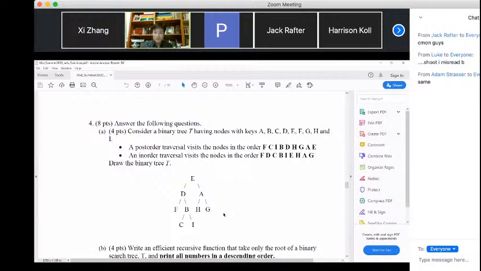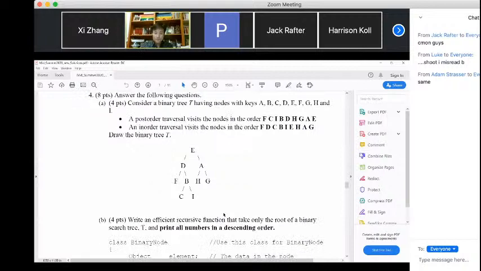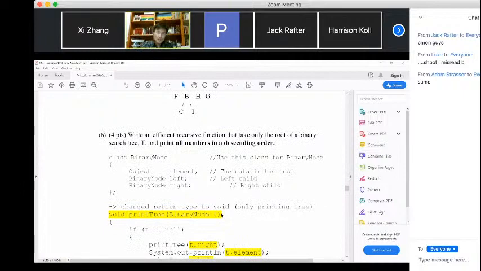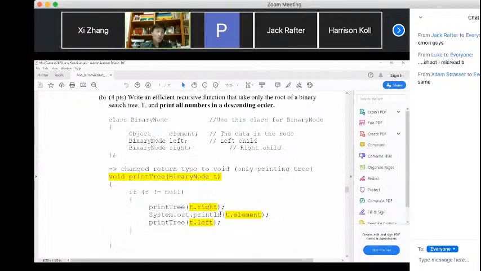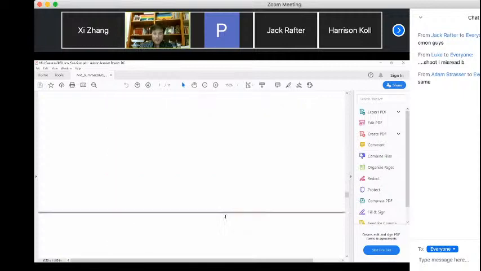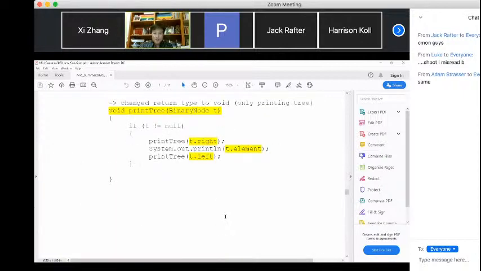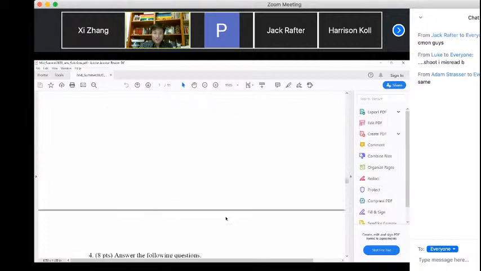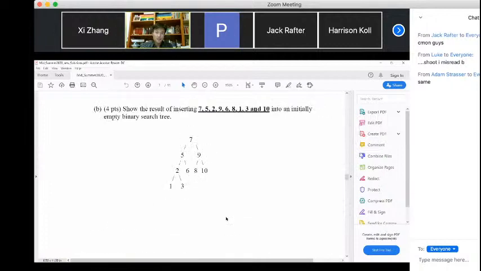And printing all numbers in descending order. If you understand the property of the binary search tree, for example, we have the binary search tree used in the previous example. If you want to print everything in reverse order, you have to keep going right here, print this, then the current node, and then print the left child, right? And then 7 is the next largest.